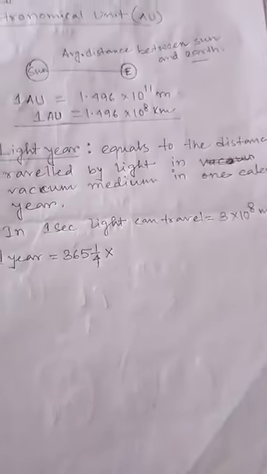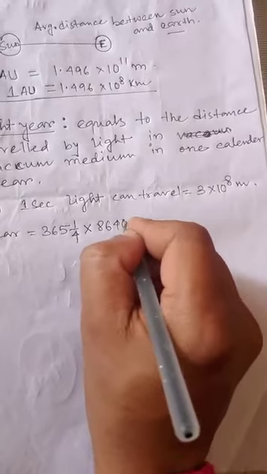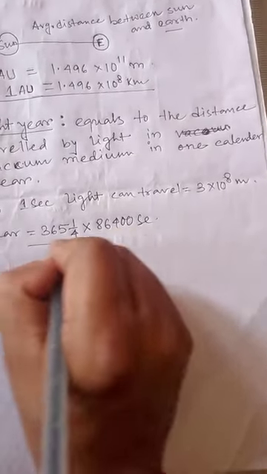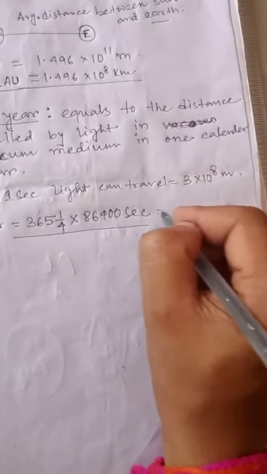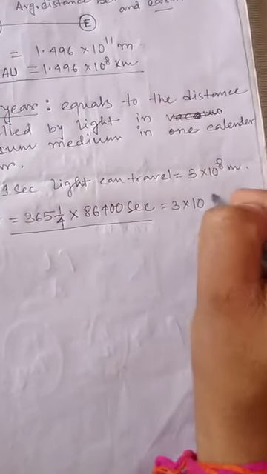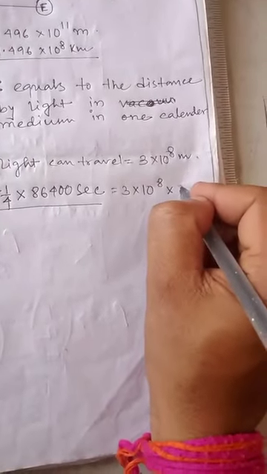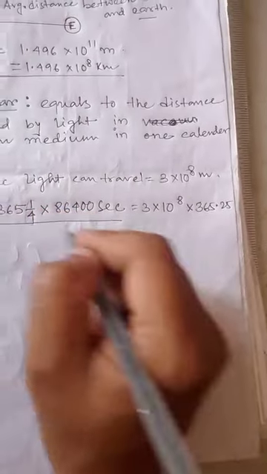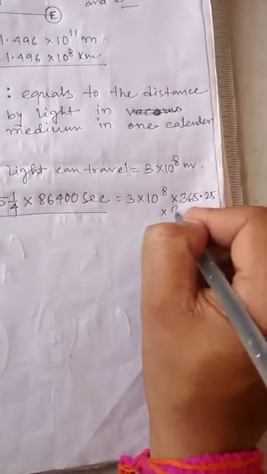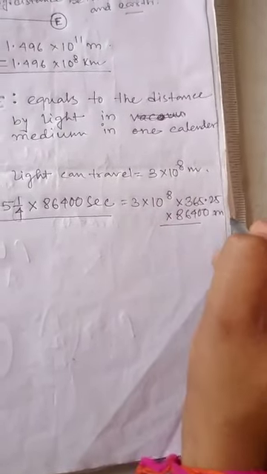We multiply this value with the seconds in a day, that means 86400 seconds. So light can travel 3 into 10 to the power 8 meter into 365.25 into 86400 meter.